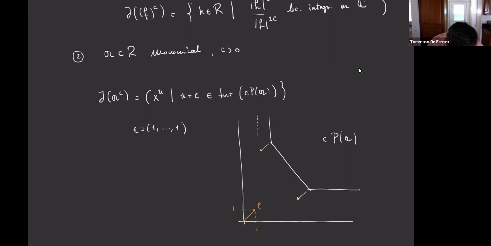But then there is the interior part, so I need to remove the boundary, and whatever is inside here. So all the monomials. There are some monomials here, of course, but there might be some other monomials inside here. And all those monomials will be in the multiplier ideal, because when I translate by e, they're going to land inside.